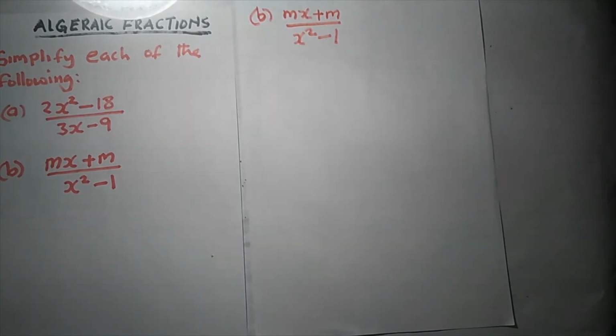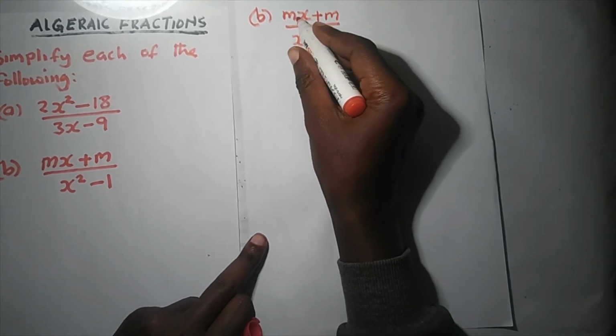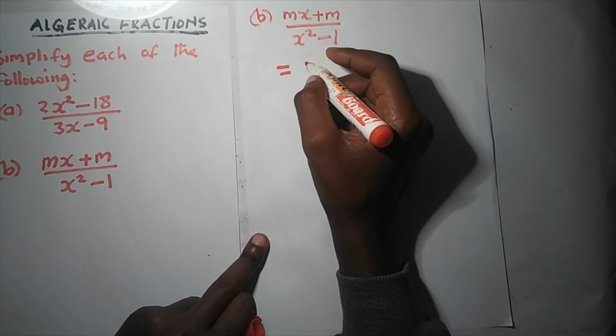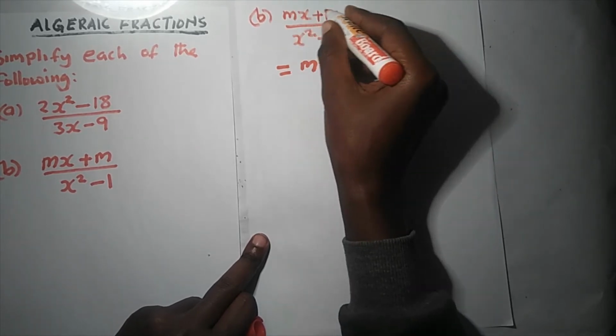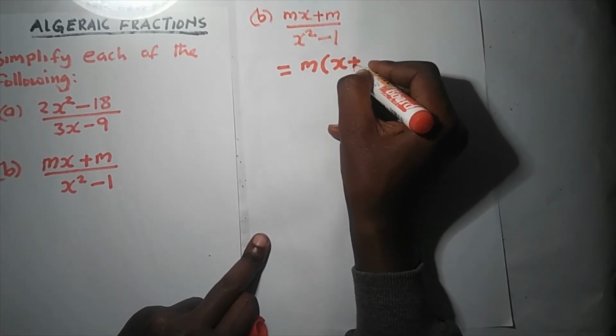When you divide that now, the rule is always that you factorize on top and you factorize down. When we factorize on top, we are going to have m, because m is common, open brackets, x plus 1.